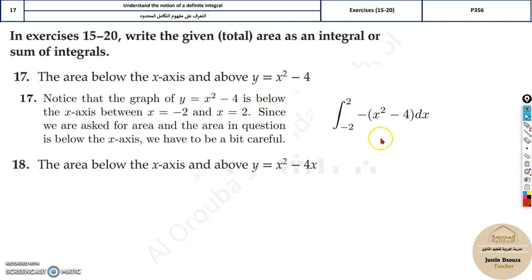You need to equate this to 0, solve it, and you'll get plus or minus 2, so the integral is from minus 2 to 2. But the difference over here is that you're adding a negative sign. The reason is that the answer, if you do it without the negative sign, is negative, so it's below. Since it's below the x-axis, you can just multiply it by the negative sign.